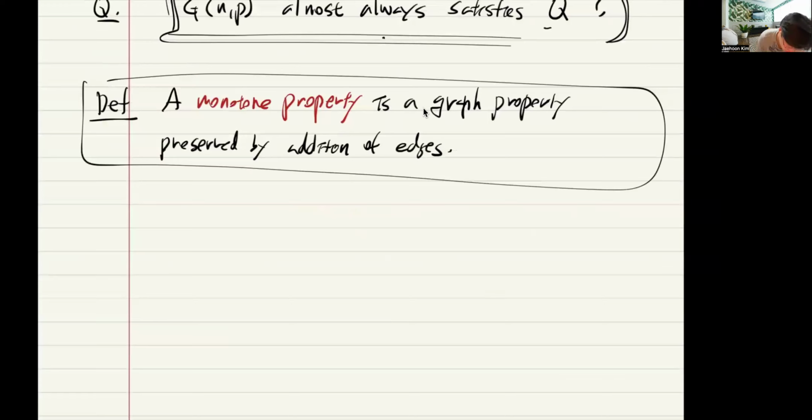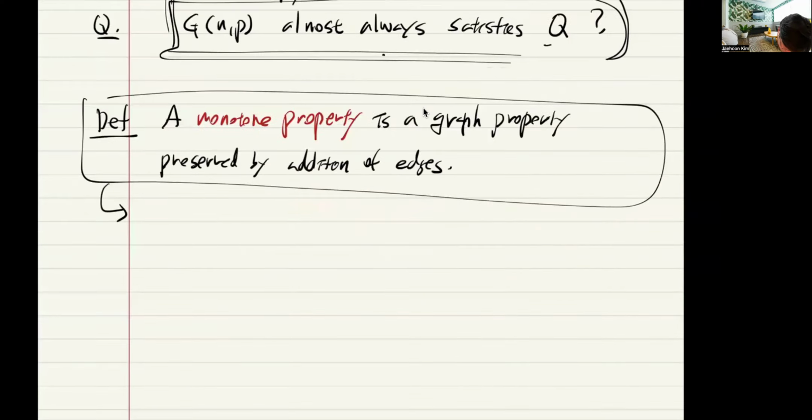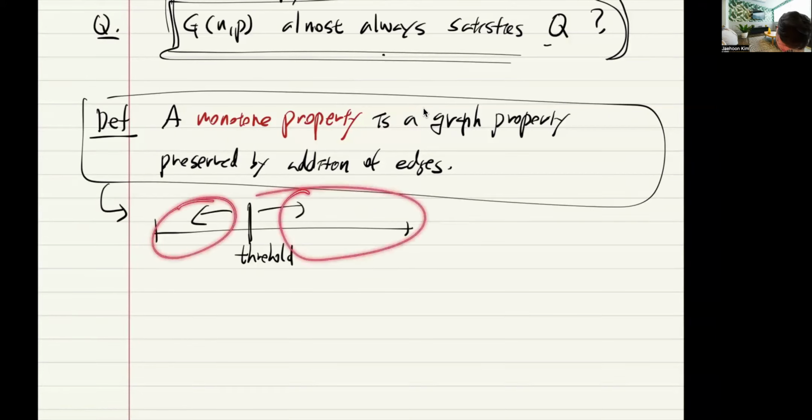Okay, so for this monotone property, our intuition is that if we increase the value of P, then this property is more likely to be satisfied. And if we decrease P, then it's less likely to be satisfied. So there must be a certain threshold above or below which the behavior changes.